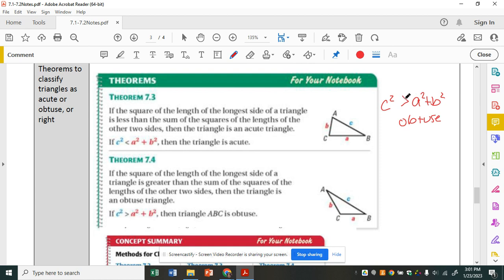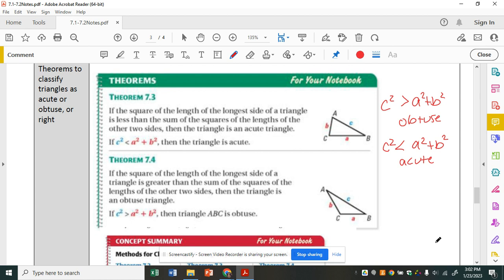So if they're not equal, meaning they're not a right triangle, and you notice that your hypotenuse squared is a bigger number than the sum of your legs squared, then you know that you don't have a right triangle, you have an obtuse triangle. Same goes for if your hypotenuse is smaller. If your hypotenuse squared is less than the sum of your legs squared, then you have an acute triangle.